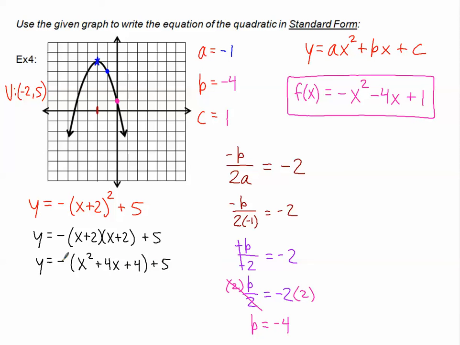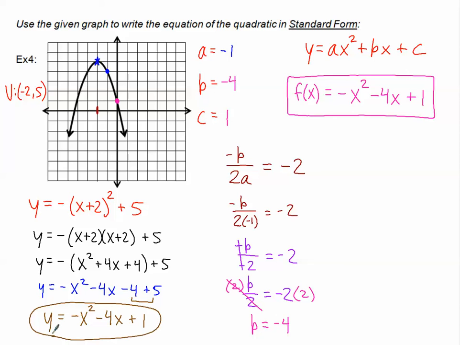Now I've got this negative sign that I need to distribute, so this becomes negative x squared, and negative 4x, and negative 4, and then plus 5. And then you can see we have one last little step. The negative 4 and the 5 will come together, and I will have negative x squared minus 4x, and then plus 1. And lo and behold, that is exactly what we just got right here.